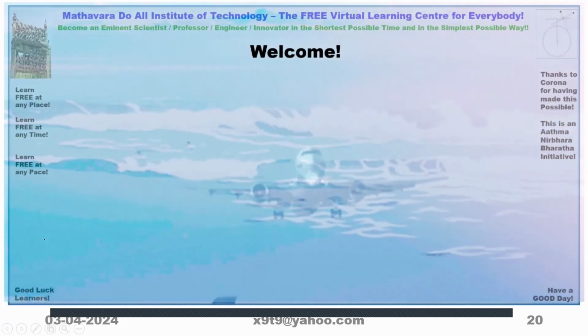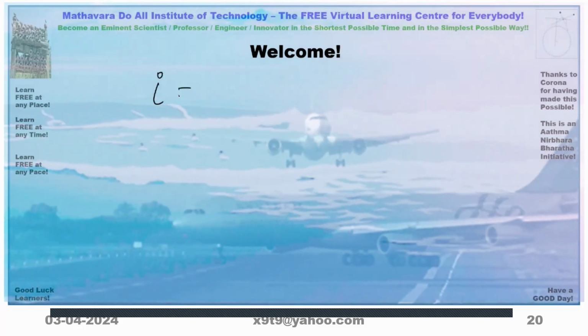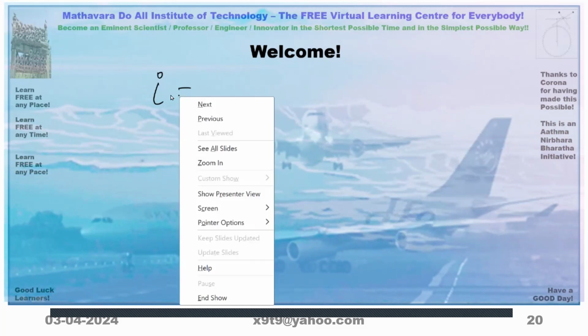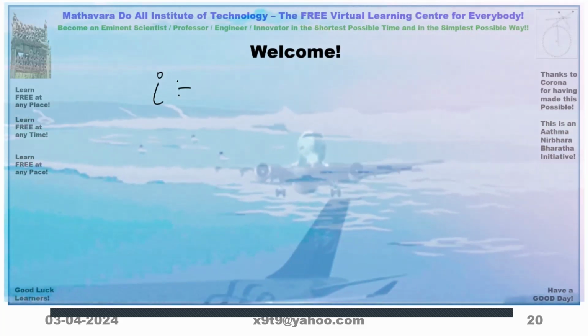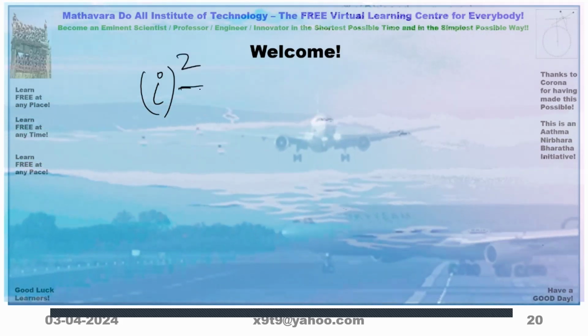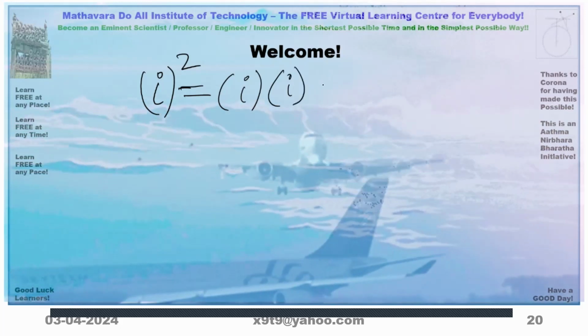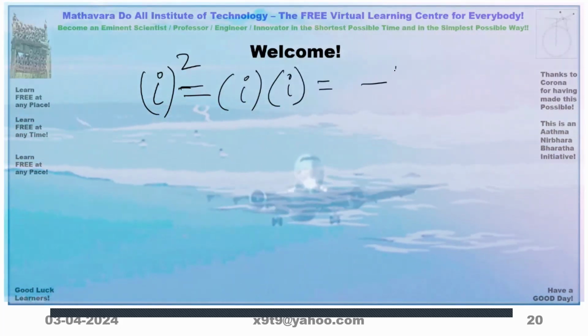we will learn a new number called i. The value of this one is such that if we multiply i by itself, that is i multiplied by i, it will be equal to -1.